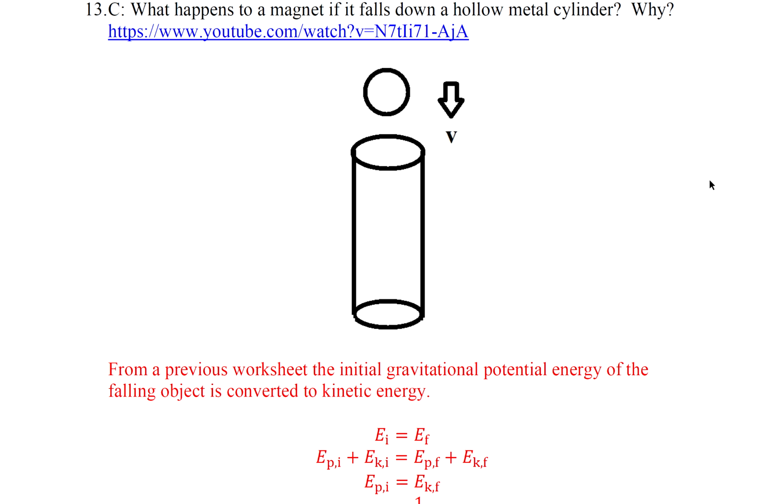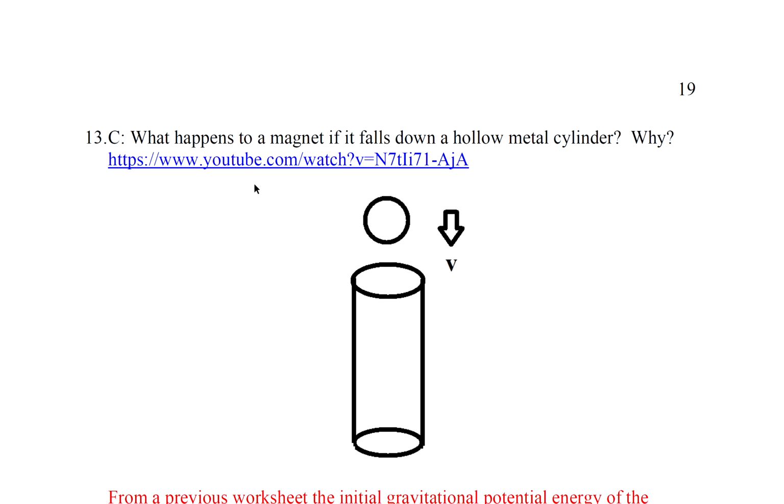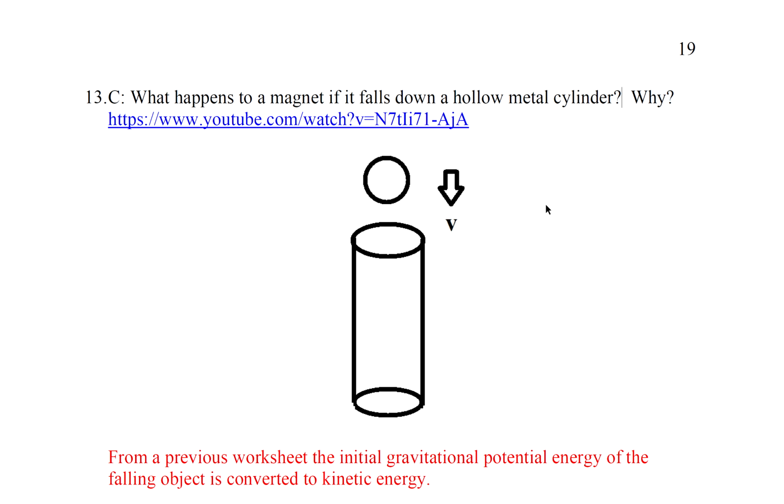But now, some of the initial GPE is converted to electric current in the metal cylinder, and the remaining energy is converted to kinetic energy. So the ball slows down when it is inside the cylinder. Please do watch this video on YouTube. It's a great video. It's going to show you how this makes sense.